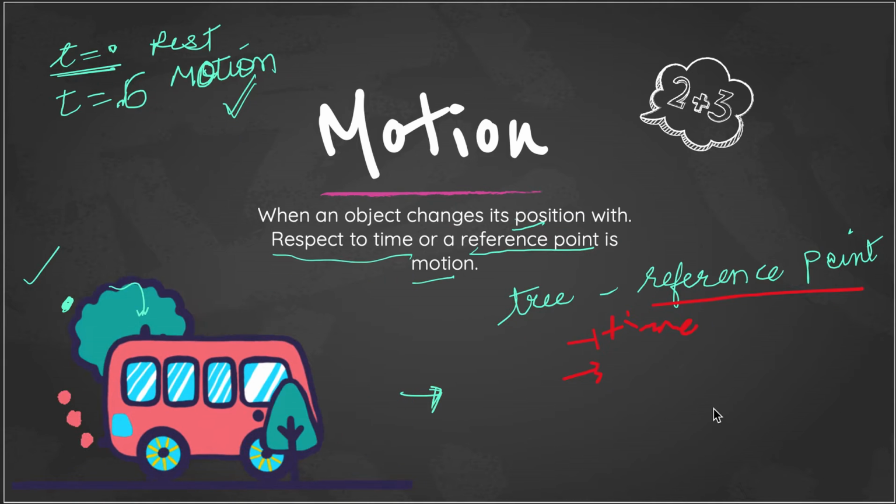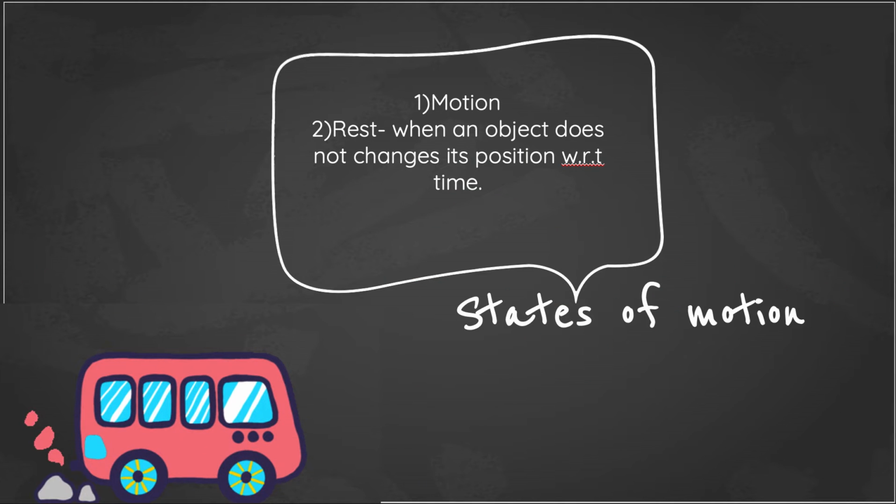Okay, moving forward. Then we come to the state of rest. We have already talked about motion. Now let's talk about the state of rest. The state of rest is when an object does not change its position with respect to time.